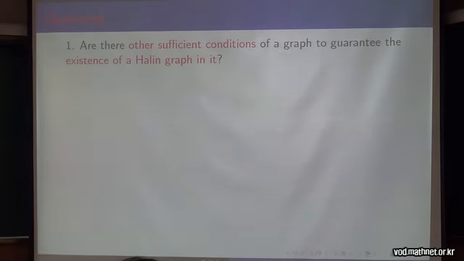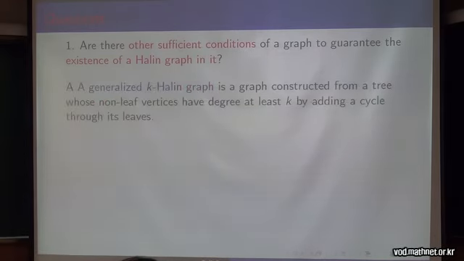Halin graphs are very strong and have a lot of properties, probably because of the planarity. So if we destroy the planarity condition, what happens? Let me give a definition.